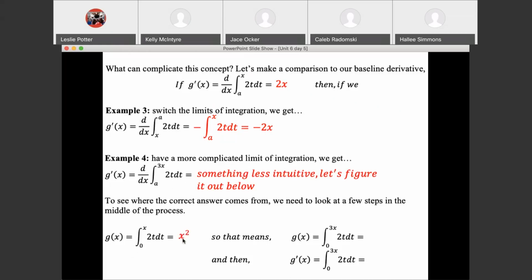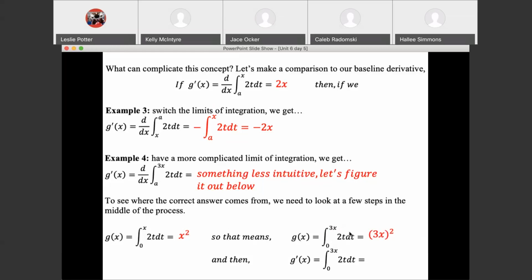So let's take a look at what's going on here. We know this is x squared, right? We saw this from our table. Now notice that this is just accumulation. This is just integrating 2t dt from 0 to x. That's just setting up the triangles and setting up the table and seeing the pattern. Well, if that's the case, then if we just accumulate out to 3x, that's like saying I have (3x) quantity squared.